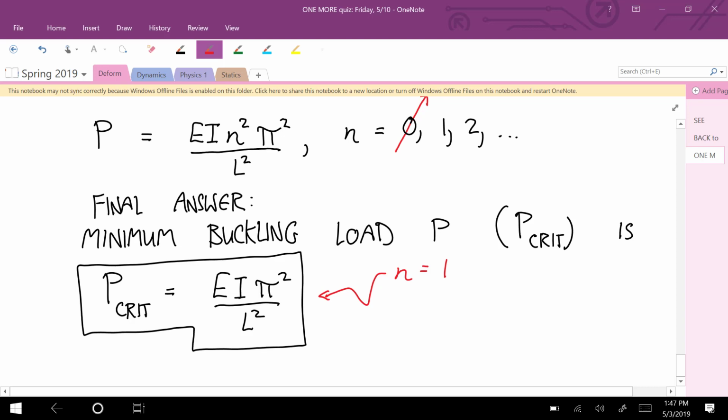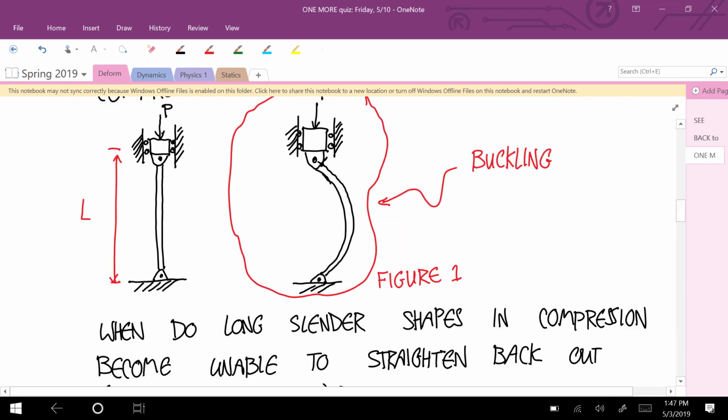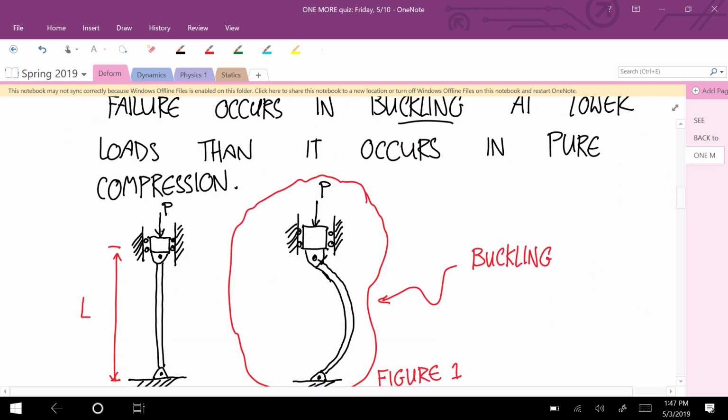Whew. That's a formula for a beam that's buckling that has joints like shown, that's buckling in the mode where it just bulges out at the center.